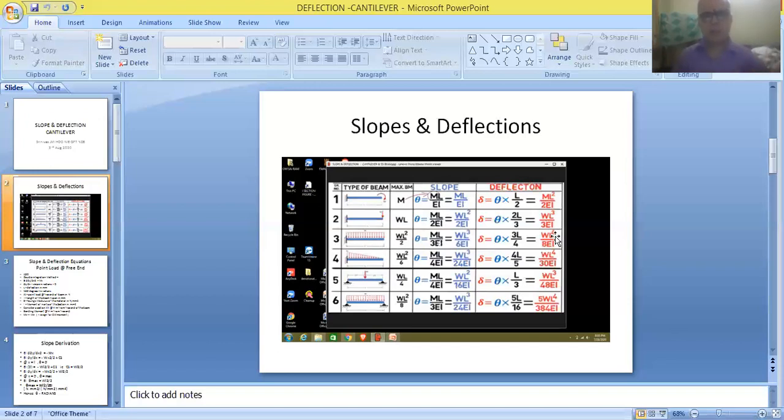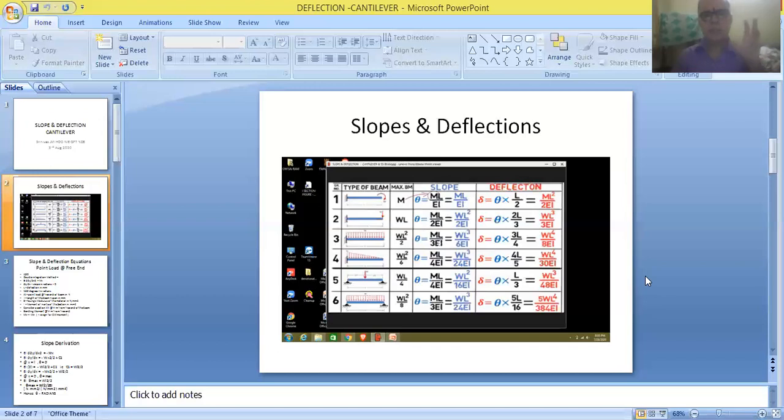So we have to memorize these slope and deflection formulas to be used in the case of cantilevers. These formulas are to be used for point loads acting on cantilevers, and these formulas only for UDLs acting on cantilevers.